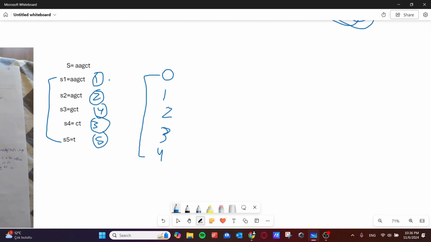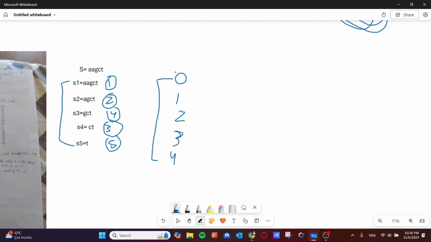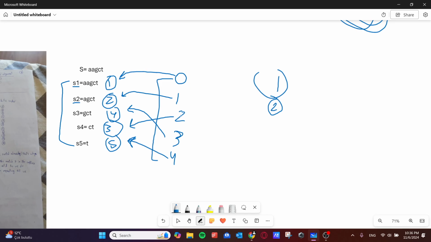Here we start from 0, okay? In position 0, the number of the suffix is 1. In position 1, the number of the suffix is 2. In position 2, the number of the suffix, as we can see here, is 4, so I put 4.